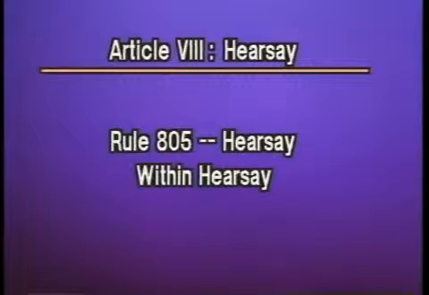We see in the rule that hearsay within hearsay is not objectionable per se, but if you have an exception to each tier of the hearsay, you can receive it, but if you don't have an exception to each tier, you can't.